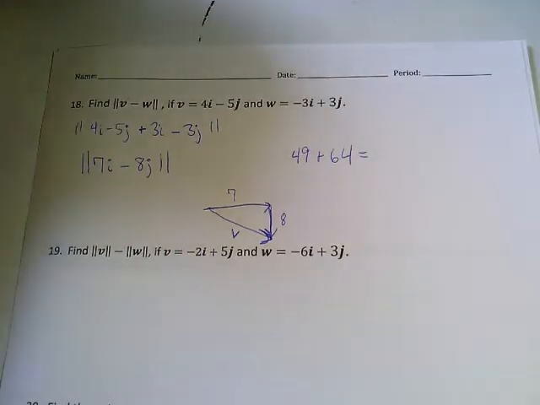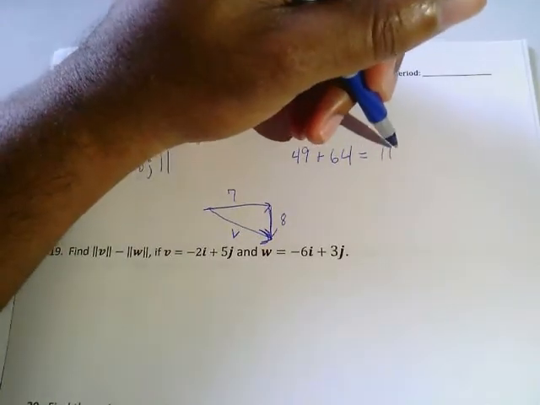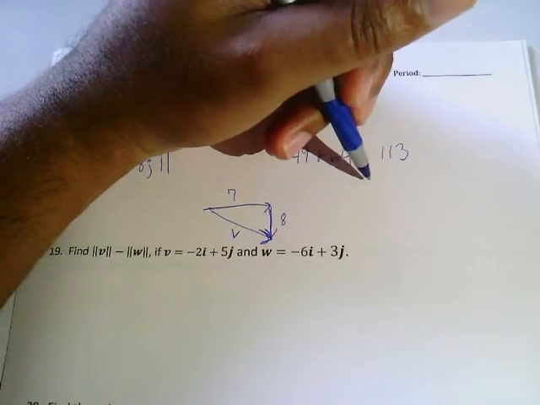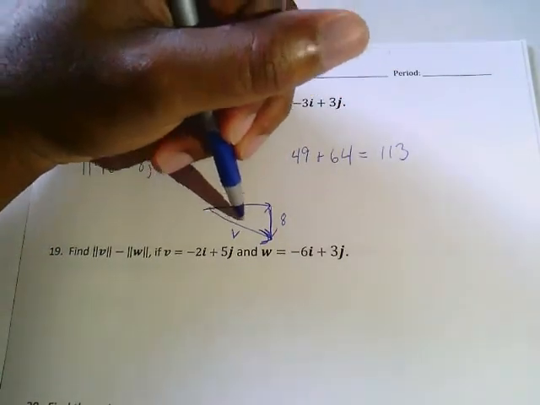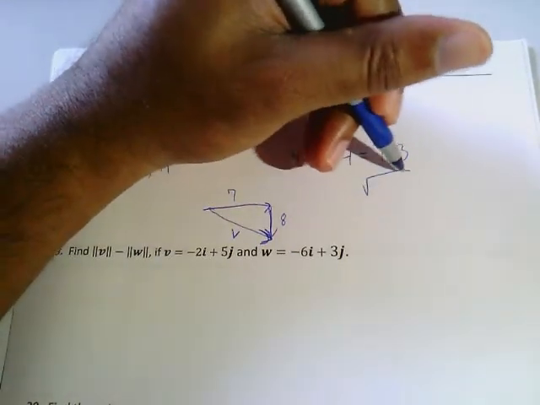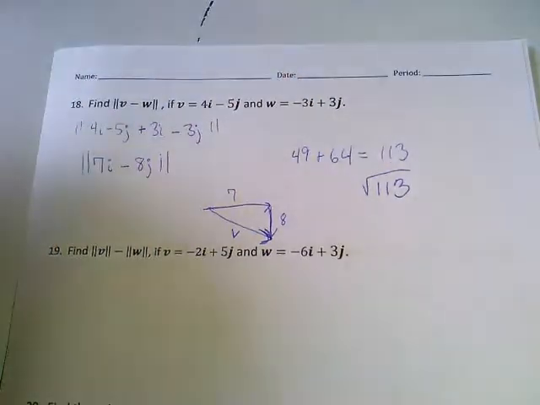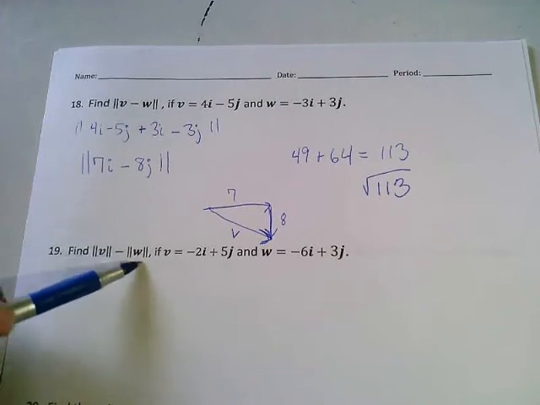So 49 and 64 is going to be 113. So our answer for this distance, the magnitude of this, is going to be the square root of 113.